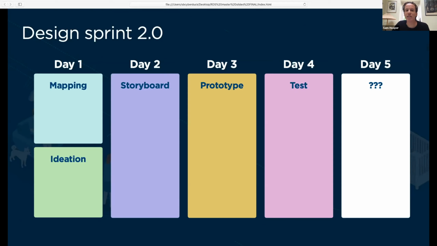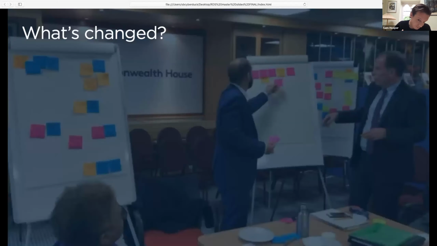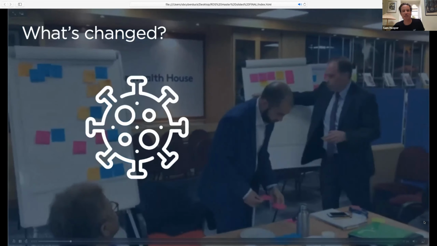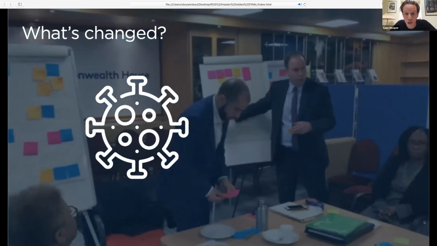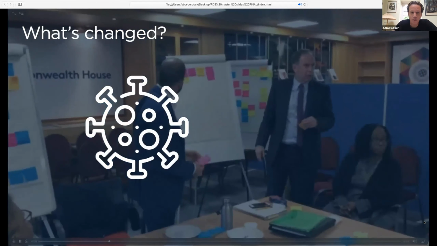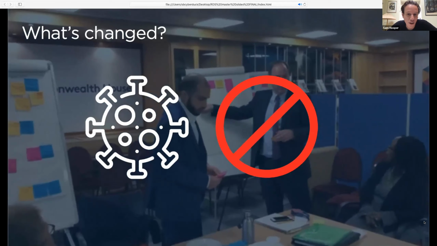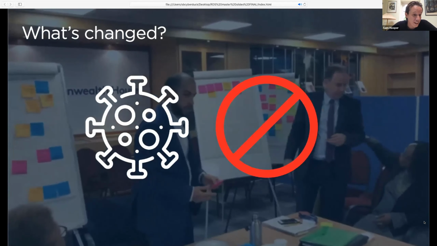And I think this is where we now get into the context of what has changed. So here's a little clip of how we used to do things in the background. You can see us working away there. I think that was with the Commonwealth. And then, of course, this little fella turned up, which means that we no longer can be in a room together.